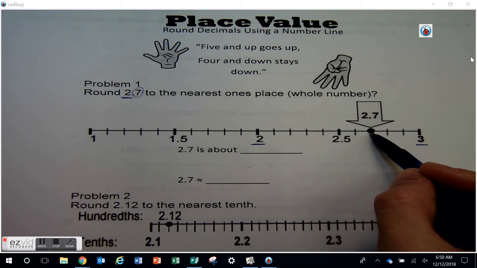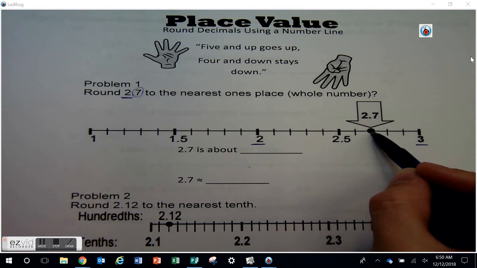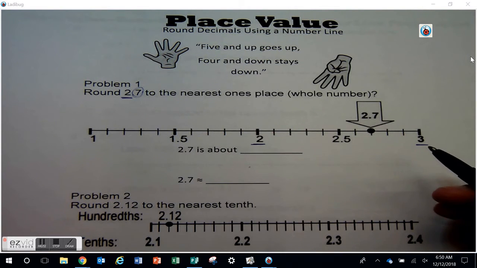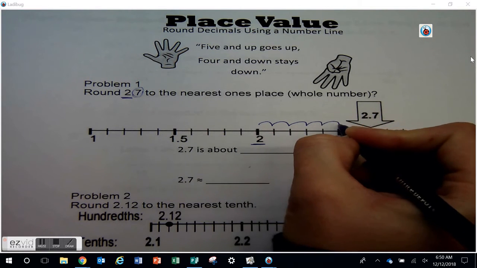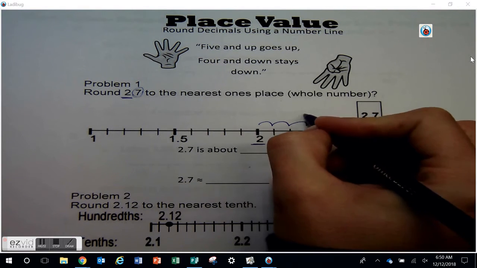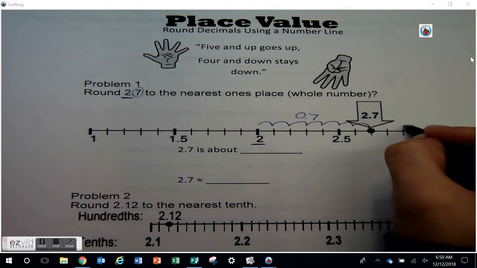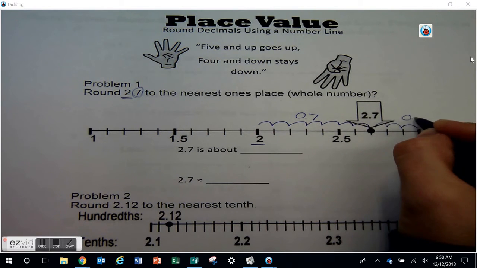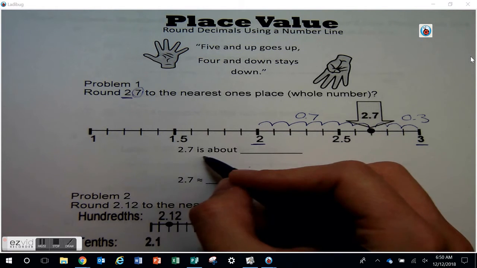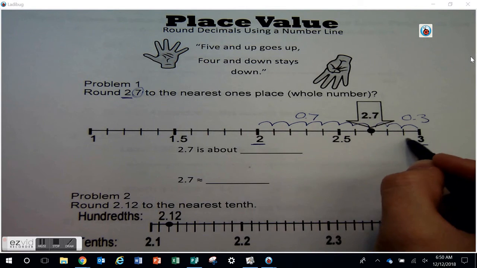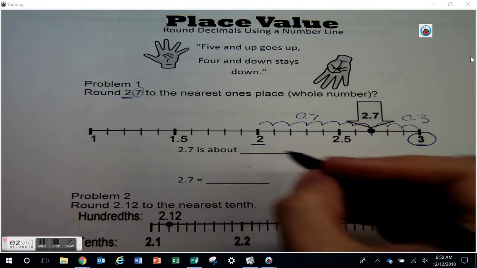Is it closer to 3 or is it closer to 2? Well, I can see that it's 1, 2, 3, 4, 5, 6, 7/10 away from 2, and it's 1, 2, 3/10 away from 3. So 2 and 7/10 is closer to this 3.